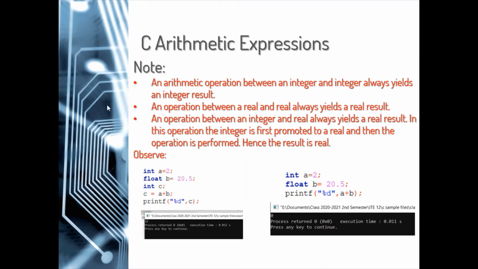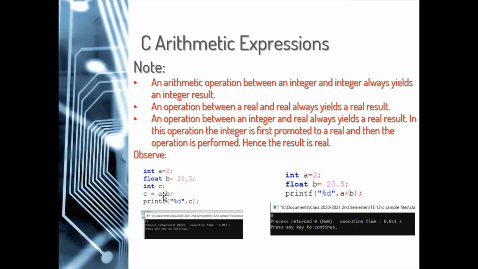So here is an example. We have an integer a and a float b, and what we want is to add both of them. So we add a plus b, and the result is stored in c. Now, as you can see, a is integer, b is float. The result of a and b is float.